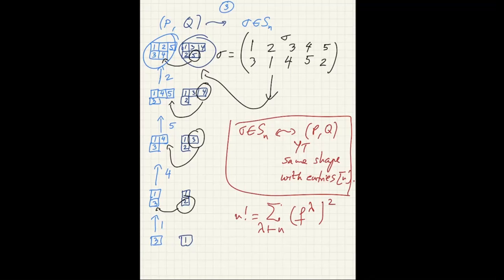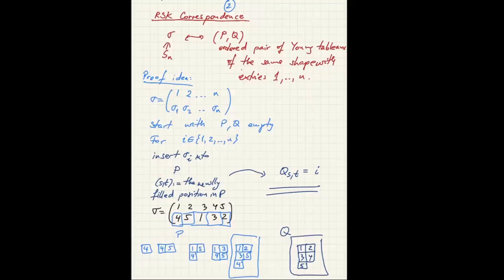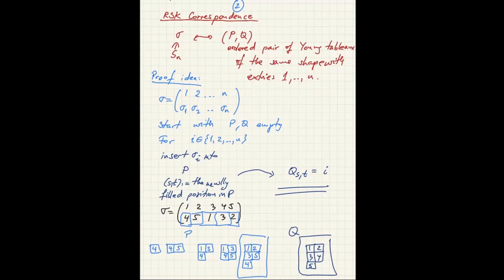Now, what other properties does this correspondence have? Here we saw that this permutation sigma, 45132, leads us to these two tableaux P and Q. What I will show you now is that if we take the inverse of the permutation, then the ordered pair of tableaux that corresponds to it is going to be Q and P. So remember these formulas here.